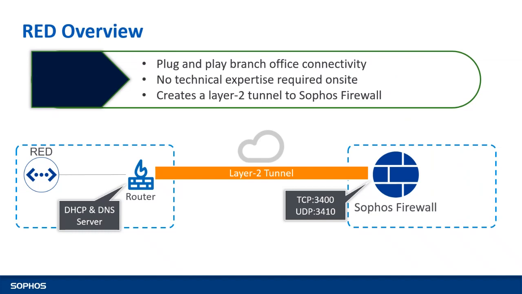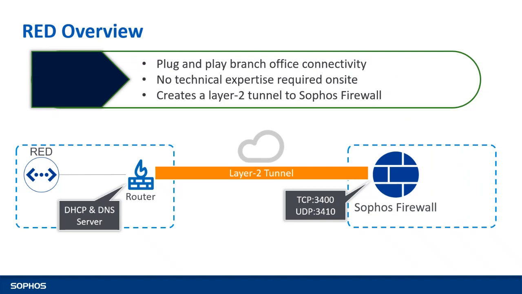Okay, so the RED appliance on site requires no configuration or technical knowledge. The network connections use a small hardware RED device at the remote locations, and all configuration of the device is done locally in the Sophos Firewall.